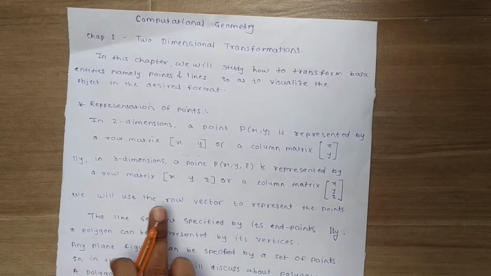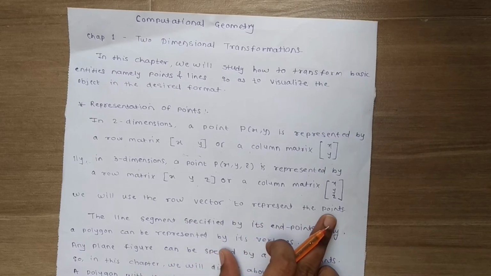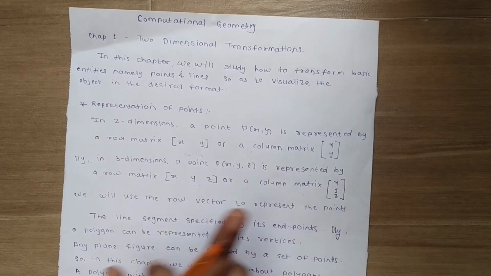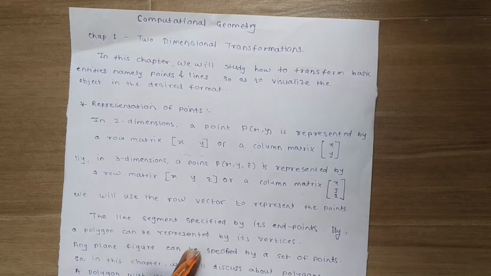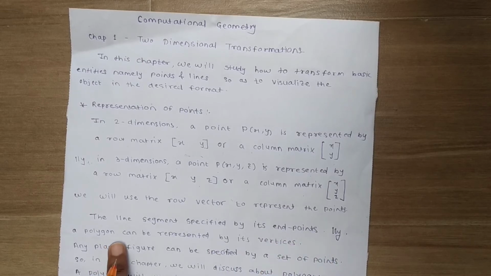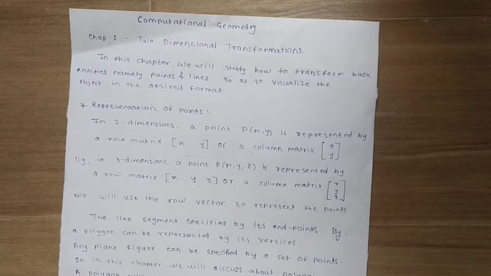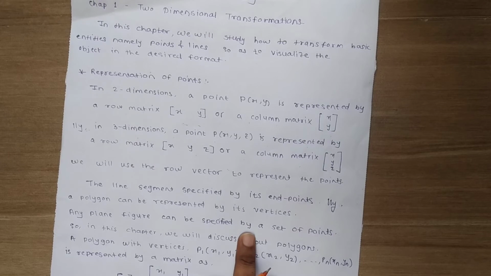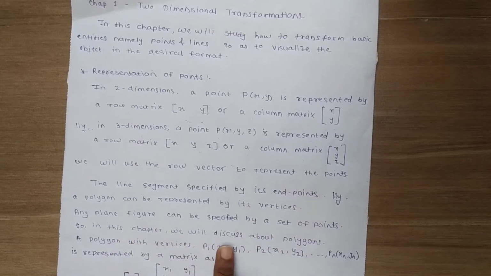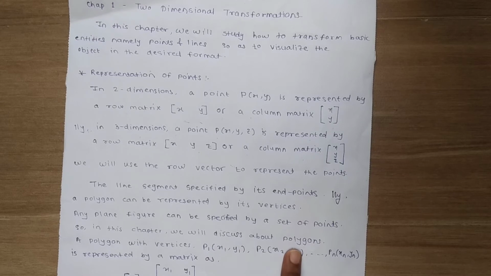We will use the row vector to represent the point. A line segment is specified by its endpoints. Similarly, a polygon can be represented by its vertices. Any plane figure can be specified by a set of points. So in this chapter we will discuss polygons.